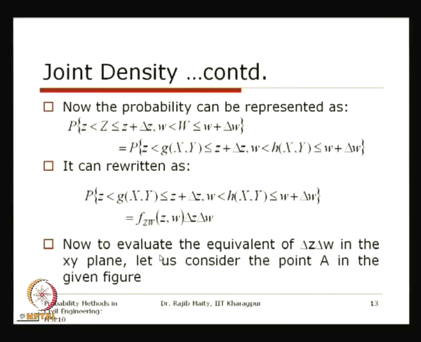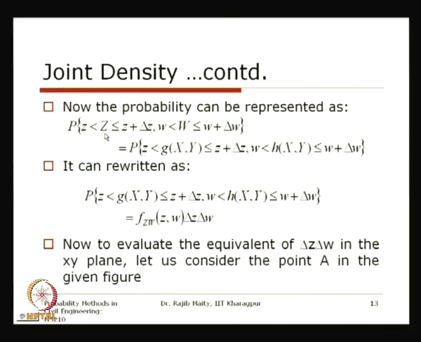Now from the concept of probability, we can express the probability of Z lying between z and z plus delta z. Remember, as I told earlier, that the capital letter is the random variable and the lowercase letters are specific values.